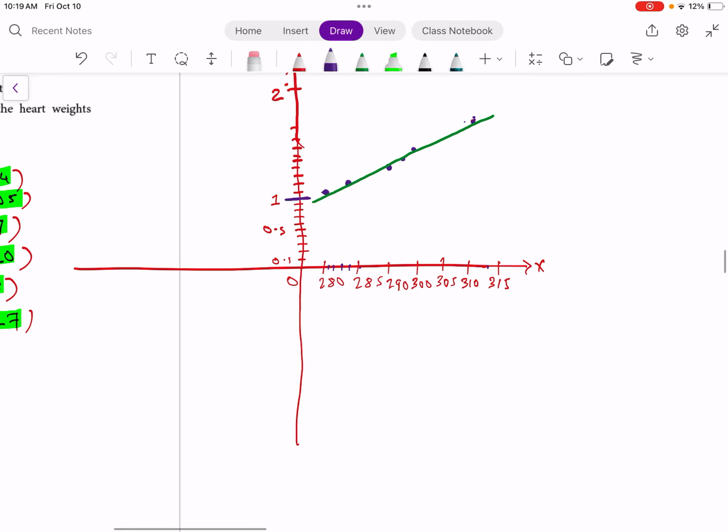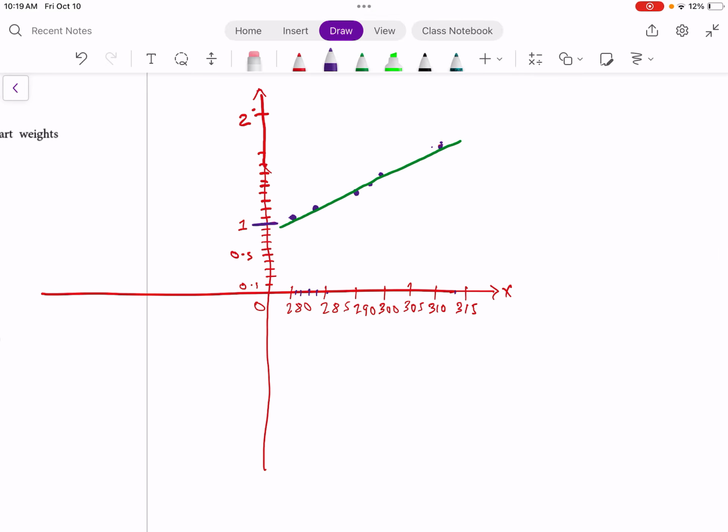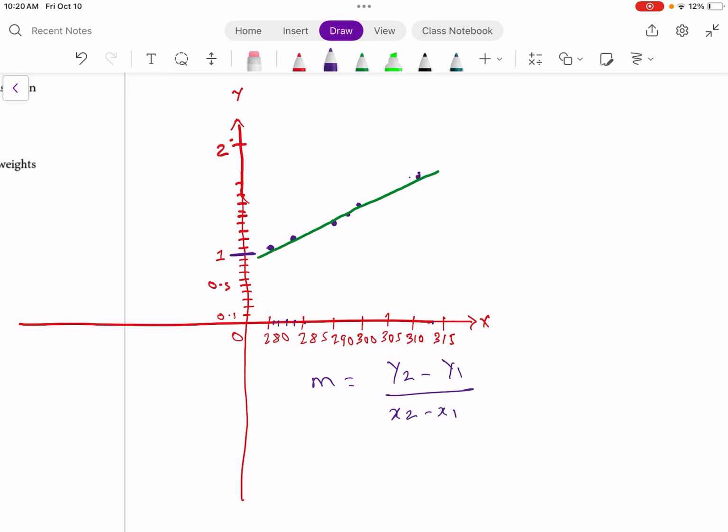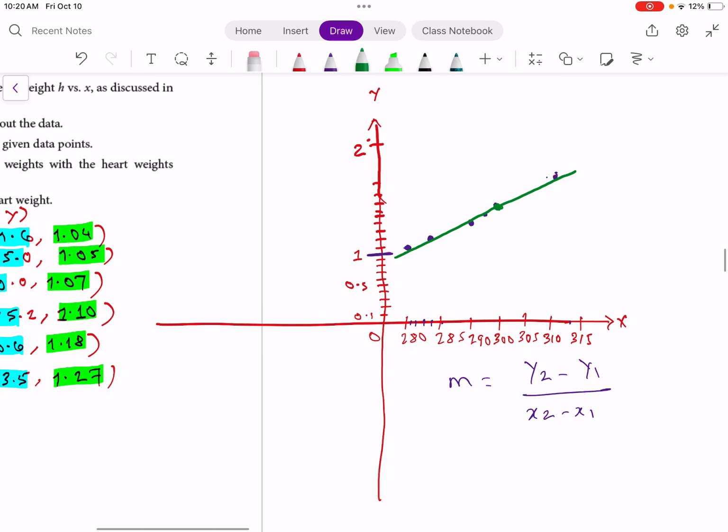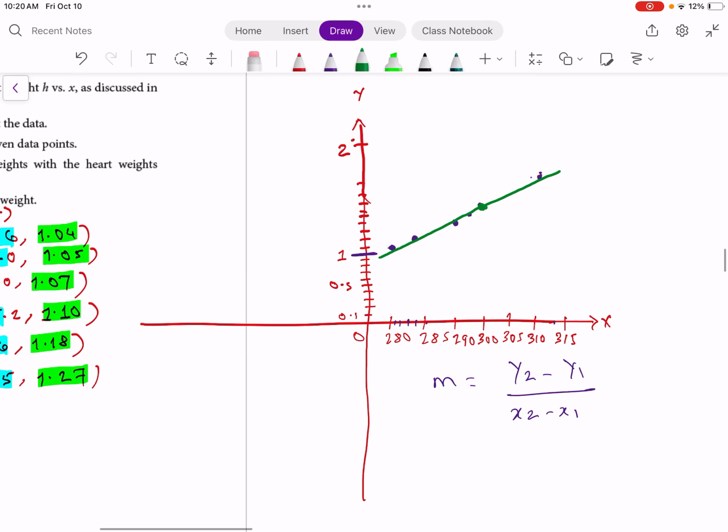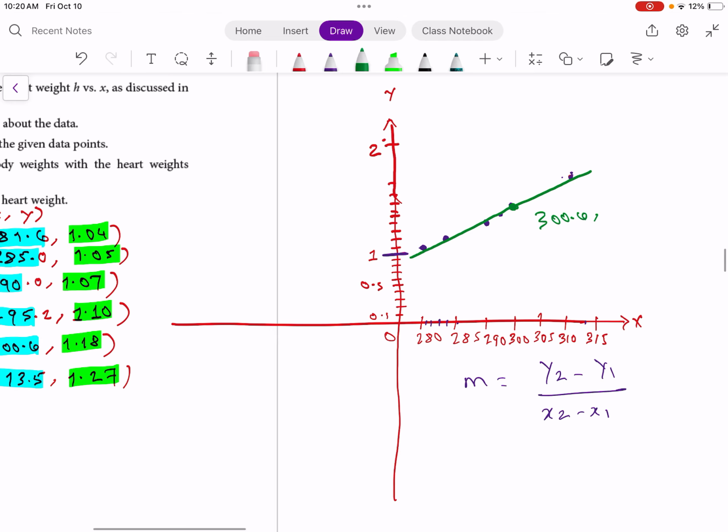Okay, so let's find the slope. Our slope formula m is y2 minus y1 divided by x2 minus x1. Now let's pick 2 points on that straight line. Let's pick this point, and the coordinate of this point is 300.6, 1.18.